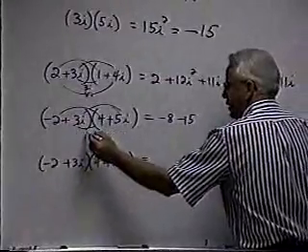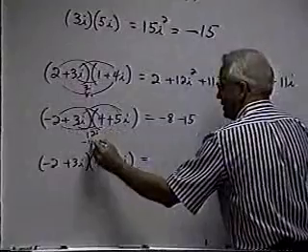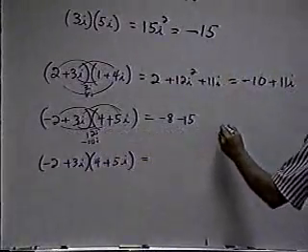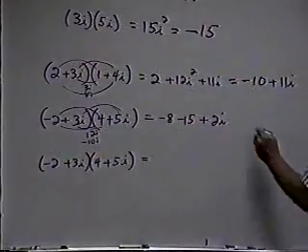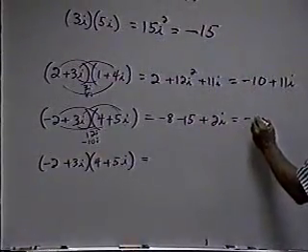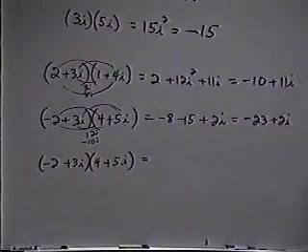And the inside there's positive 12i, and the outside is a -10i, so that's a plus 2i, and therefore our answer is -23 plus 2i.